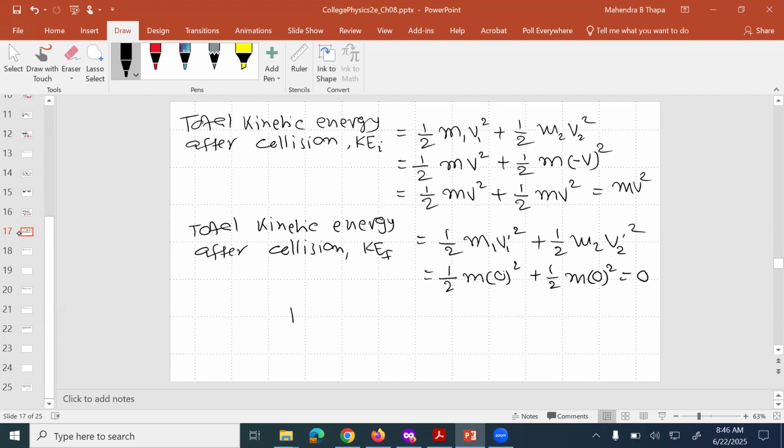So we can clearly say that total initial kinetic energy is not the same as kinetic energy final. They are different. In our case, total kinetic energy after collision is 0, but it may not be 0. It depends on the questions. But the total kinetic energy before and after are not equal. So in inelastic collision, they are not equal.